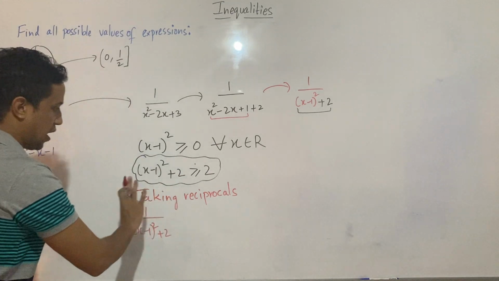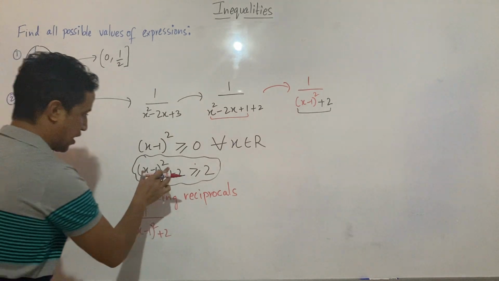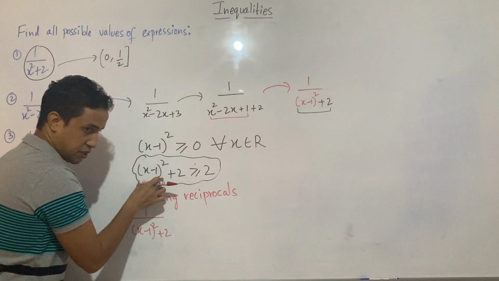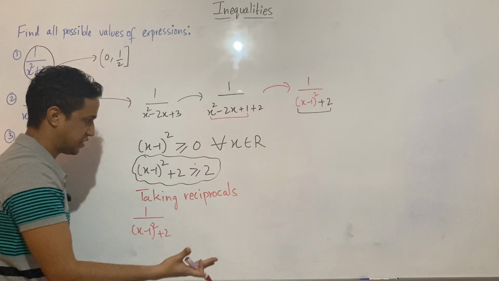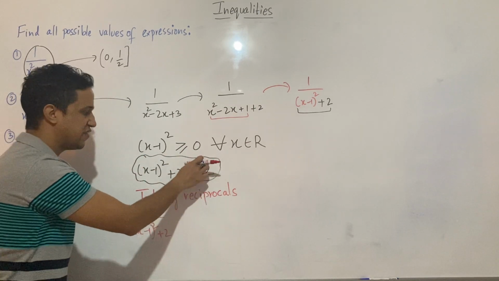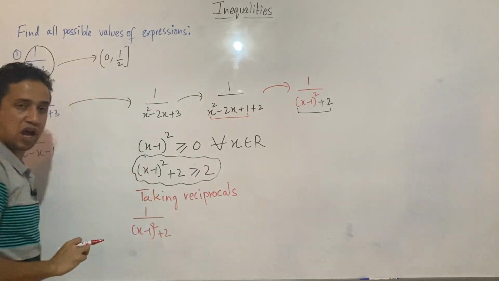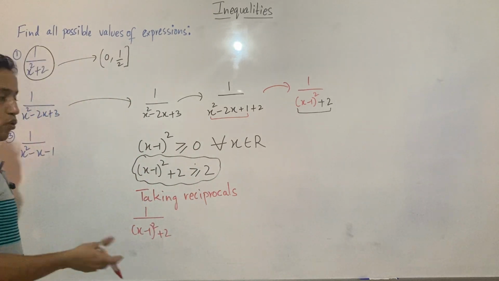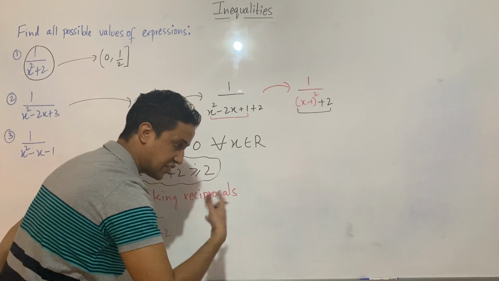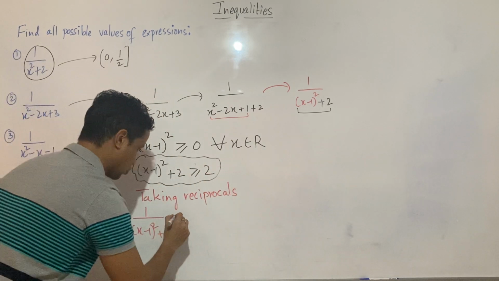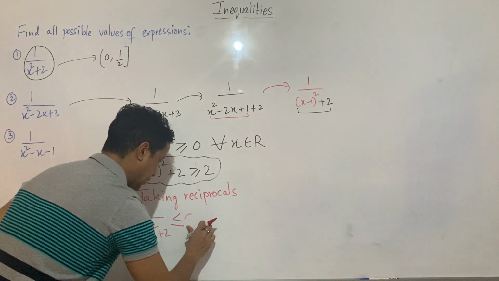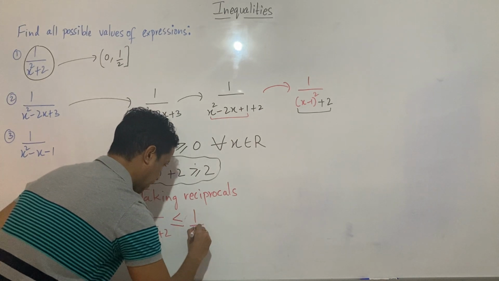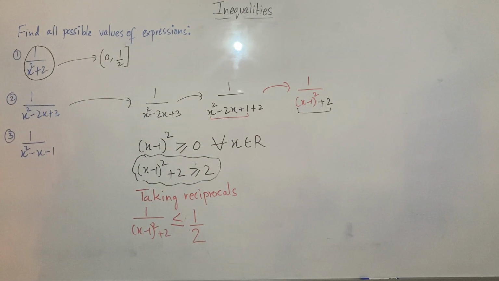Now see here, this thing is always positive, so plus 2 will still make it positive, and this thing we know is positive. When we have the same signs, on taking the reciprocal the sign of the inequality changes. So here it's going to be less than or equal to 1 by 2. I hope you agree with me.